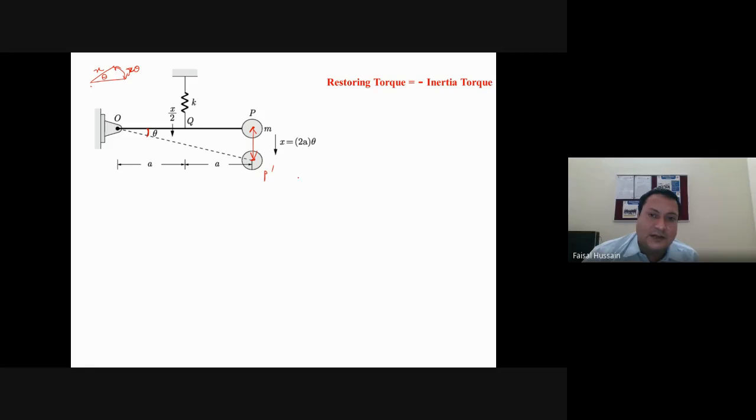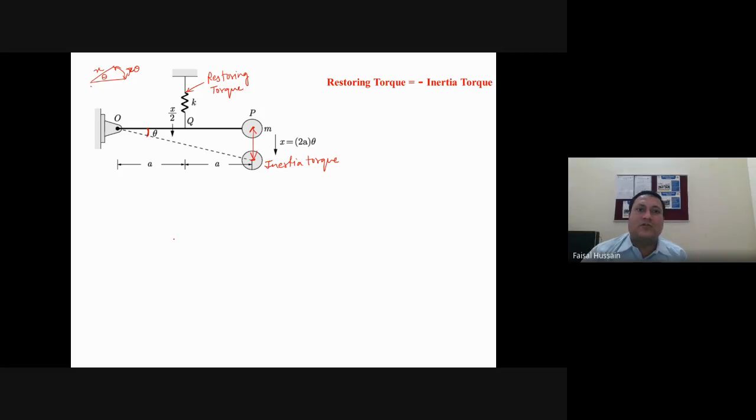Similarly, a spring is attached, it means that there will be a restoring force. Because of the attachment of the spring, there is a restoring force. Distance is given, so it will be in terms of torque, and because of this displacement there will be an inertia torque. So restoring torque will be equal to the negative inertia torque.